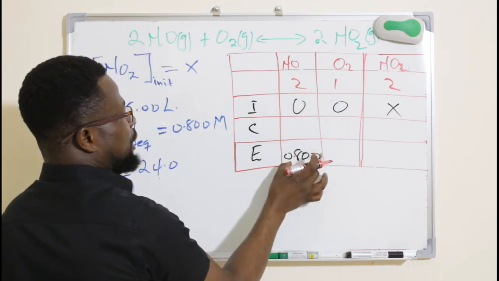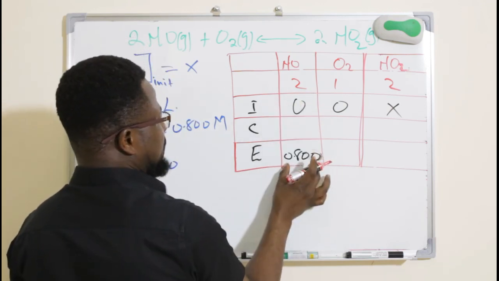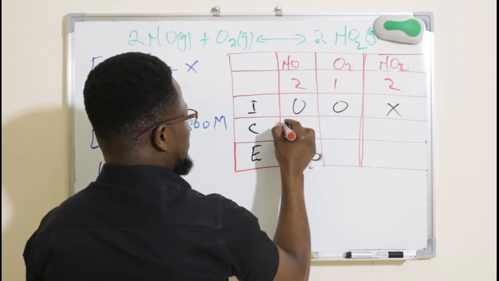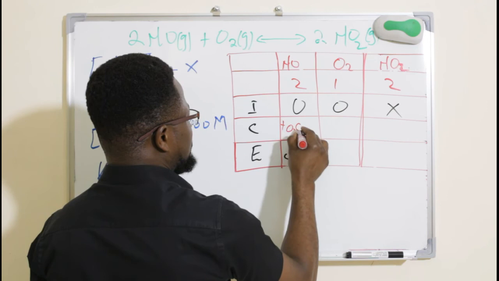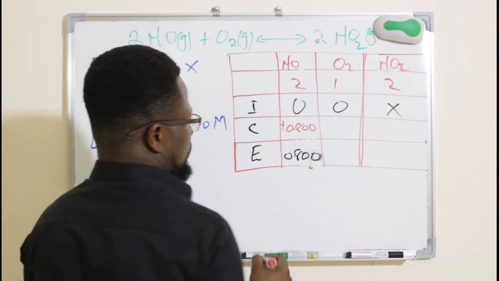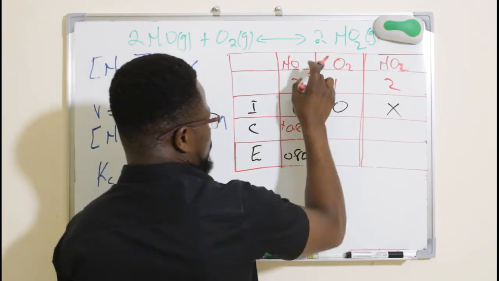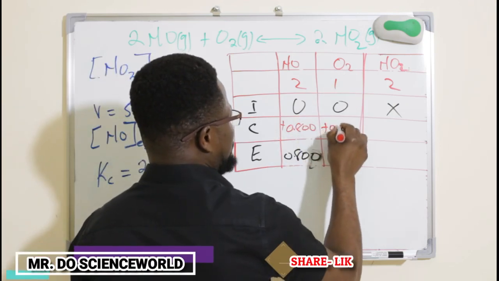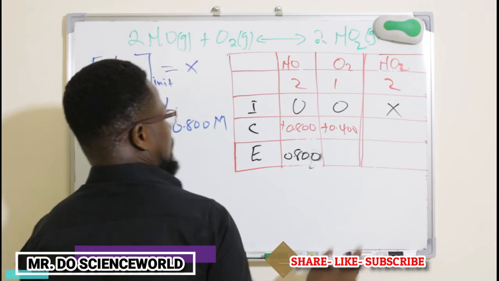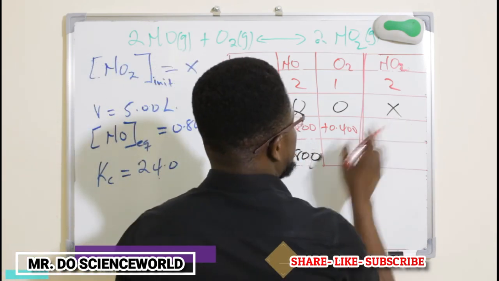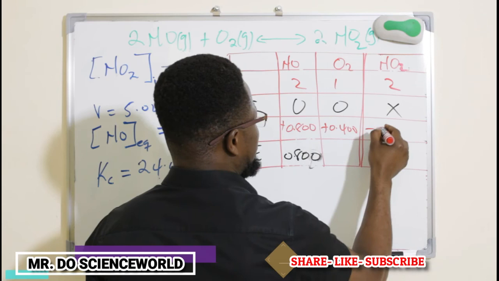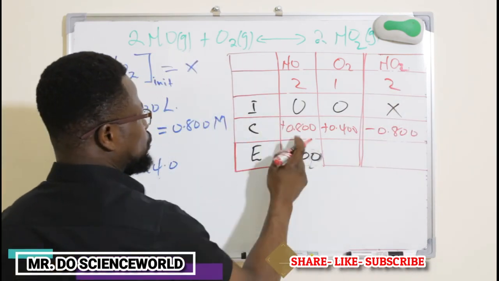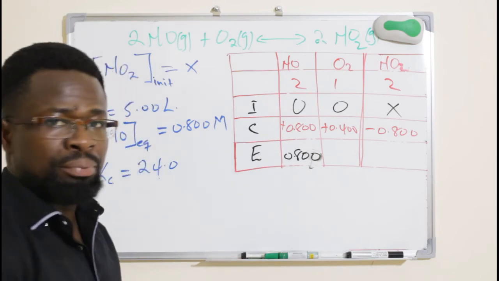For me to get this value, it is this plus this that gives me this. So if this is 0, then this side becomes 0. Same thing, so this is plus 0.800. And if 2 is giving me this, what will 1 give to you? Plus 0.400. And obviously, this side is going to be negative 0.800 because this is 2, this is 2. Same value will be used up.